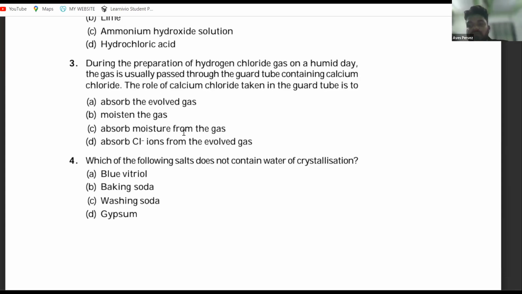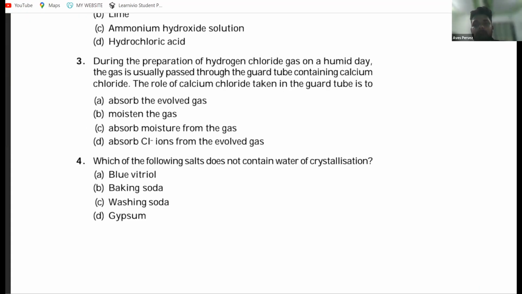Question number 3, which one is correct? During the preparation of hydrogen chloride gas on a humid day, the gas is usually passed through a guard tube containing calcium chloride. On a humid day, there is a lot of water content present.